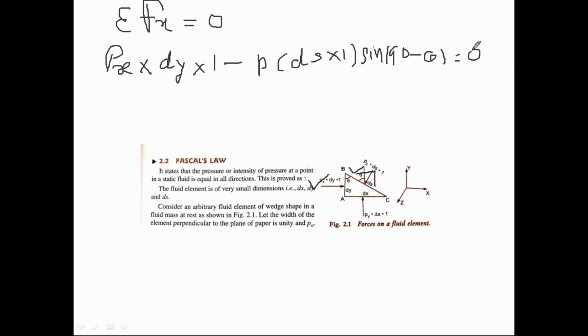If I expand this bracket, sin(90 minus theta) I can write as cos theta, so the final expression is: Px dy minus P into ds into cos theta, that is equal to 0.